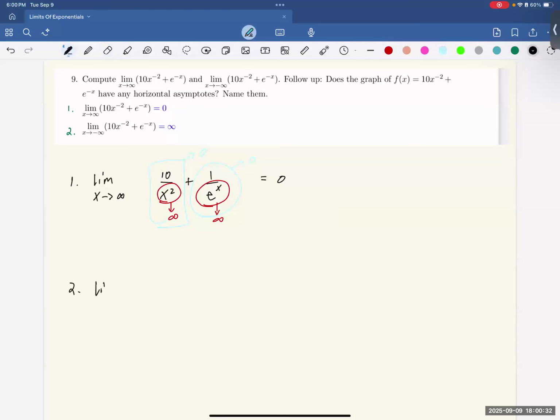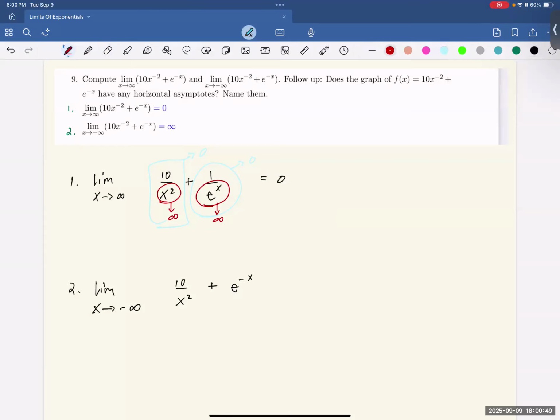Then number 2. What's different is that we're taking the limit, and as it gets big, it's negative big. So let's keep 10 over x squared, but then the e to the negative x, let's leave it e to the negative x without rewriting it as a positive exponent.